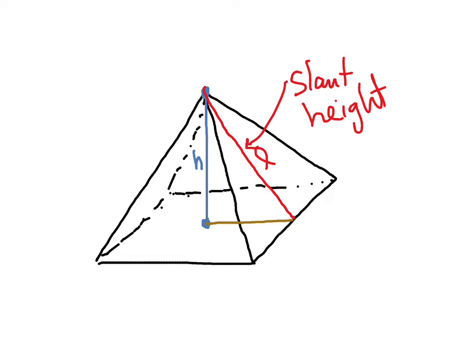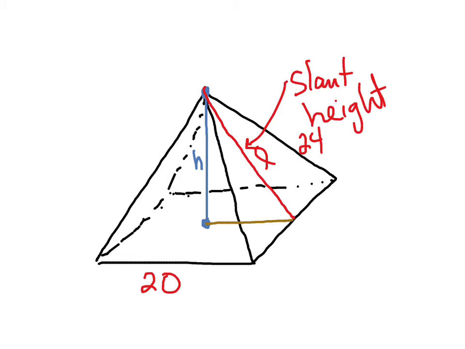So on something like this, let's say that this is 20. And then this is 10. Let's say the slant height is 24. And that's all we need when we're coming up with the different parts of it.